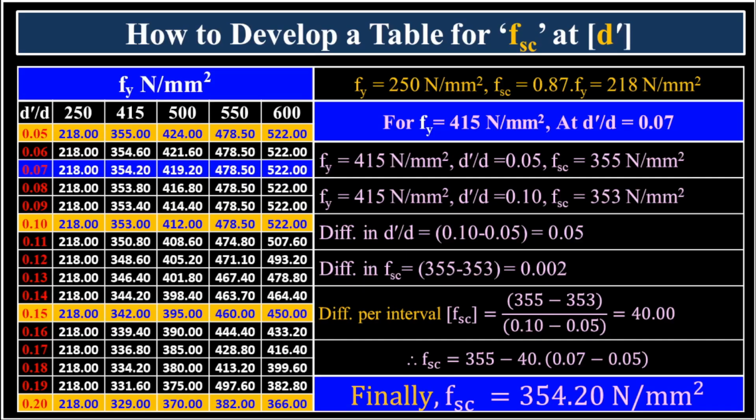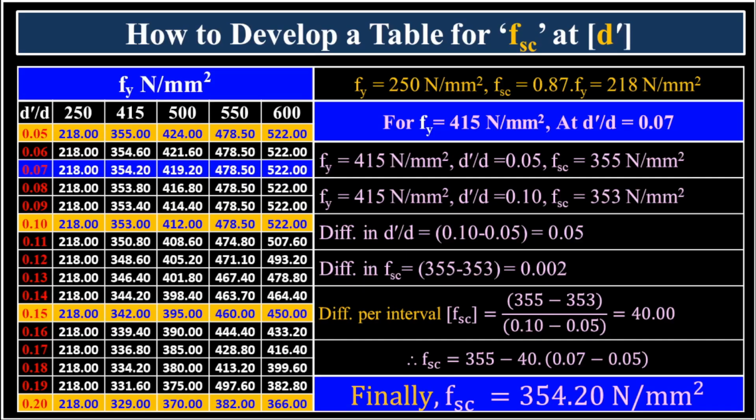You'll notice in the initial row, for Fy equals 250 Newton per square millimeter, FSC is given as 0.87 times Fy, which equates to 218 Newton per square millimeter. The bulk of the table provides FSC values for various combinations of d/d and Fy.